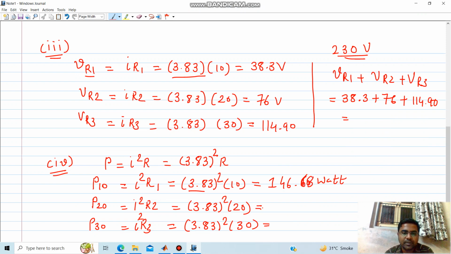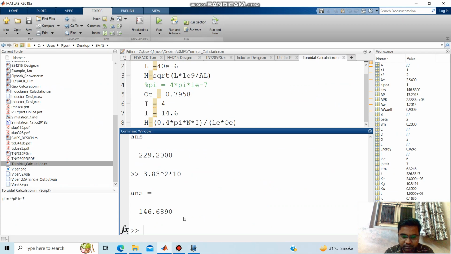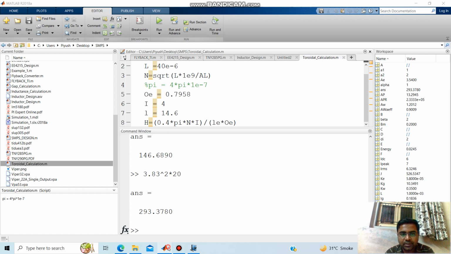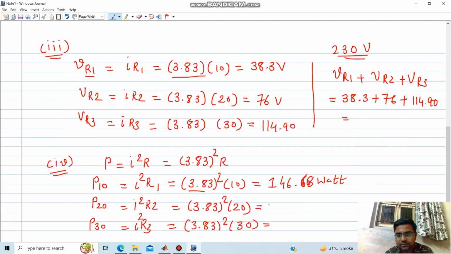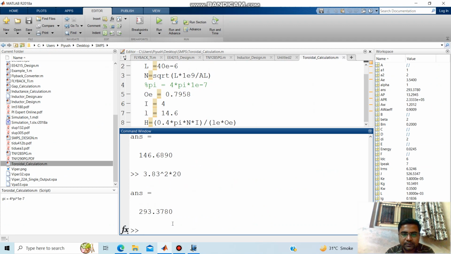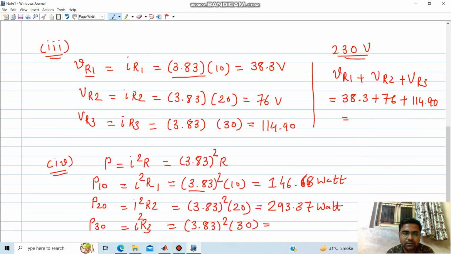In the second case, multiplied by 20, the answer is 293.37, and in the last case it would be 440 watt.